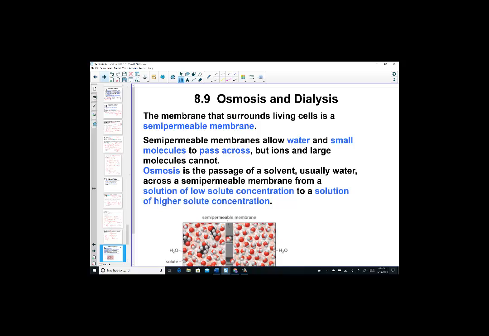Osmosis is the passage of a solvent, usually water, across the semi-permeable membrane from an area of low solute concentration to an area of higher solute concentration.